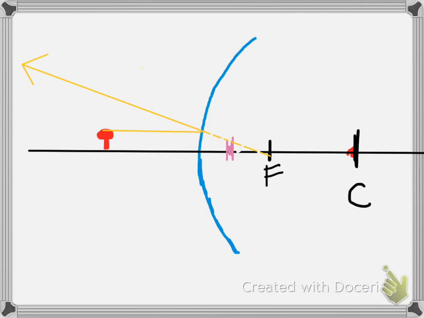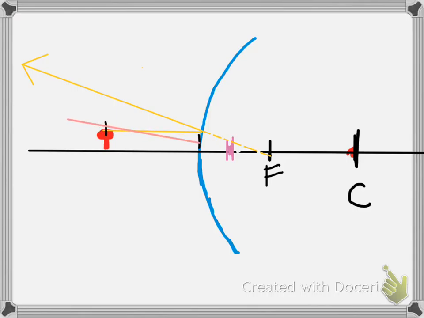That's a good sign. Our second ray is going to connect the object and the focal point inbound. This will be a little bit challenging. I'm going to mark those. If you're doing this with paper and pencil, it's pretty easy. With Doceri, because I don't want my inbound line to go behind the mirror, I just did that.